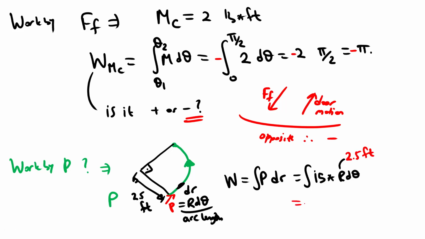So 15 is constant, 2.5 is constant, from 0 to π over 2, and dθ.